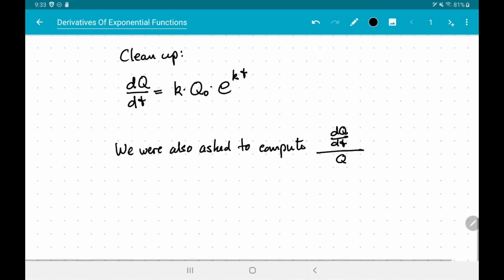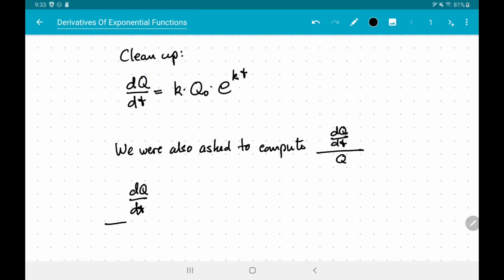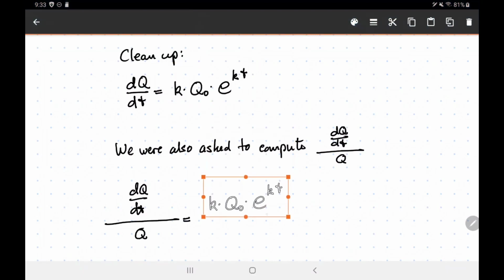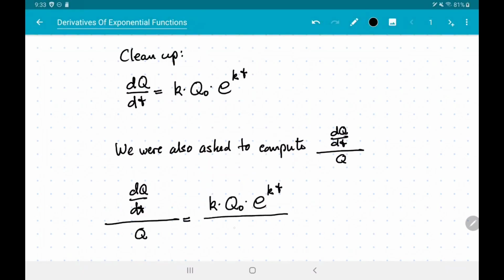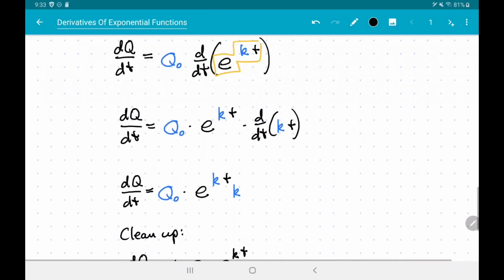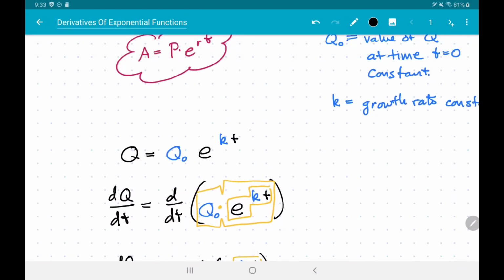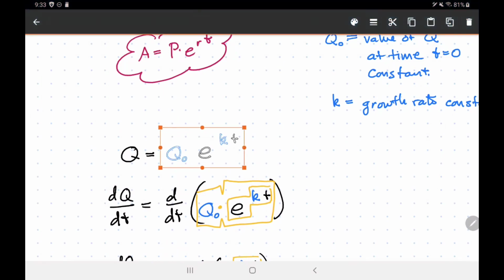Here's why. dq over dt divided by q is, I'll copy from up here what dq over dt is. And then for q, I'm going to go back to its formula, because remember, q is a dependent variable that depends on t.